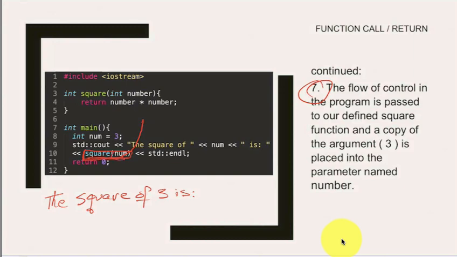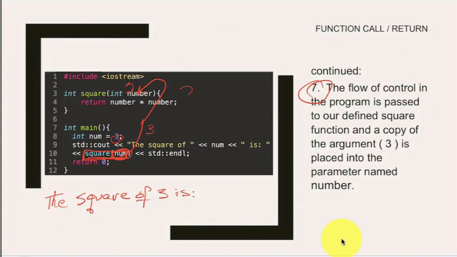And you'll notice that the argument that is sent to the function square, in this case this 3, a copy of that is placed inside the number parameter. Again, a parameter is just a local variable to a function, a user-defined function. But now, that variable number holds the value 3.